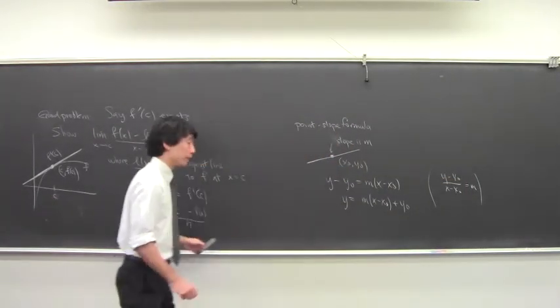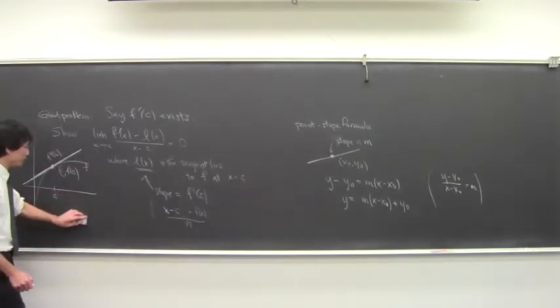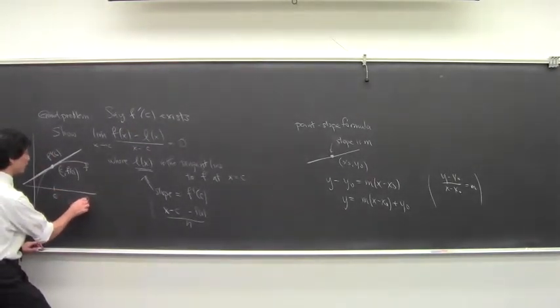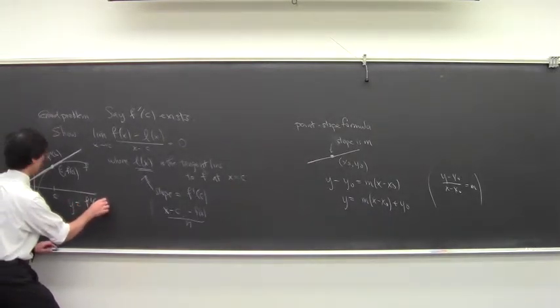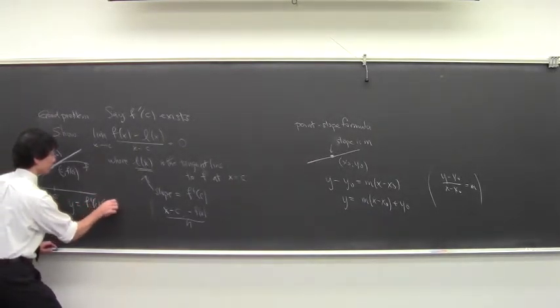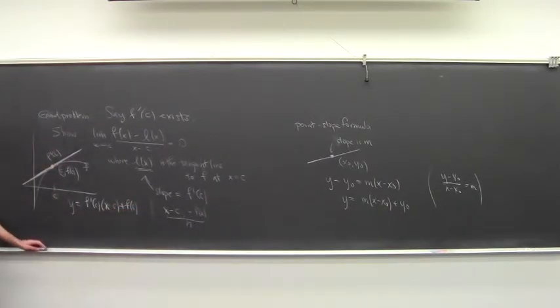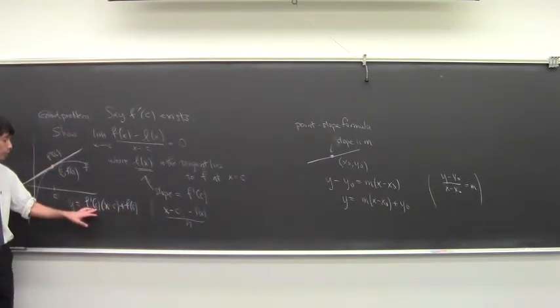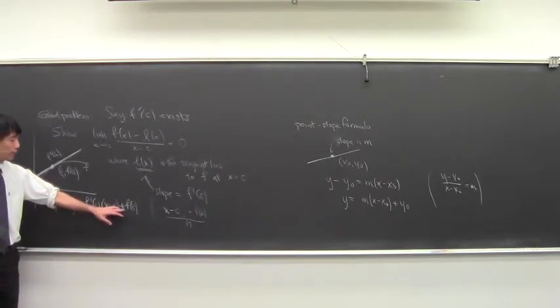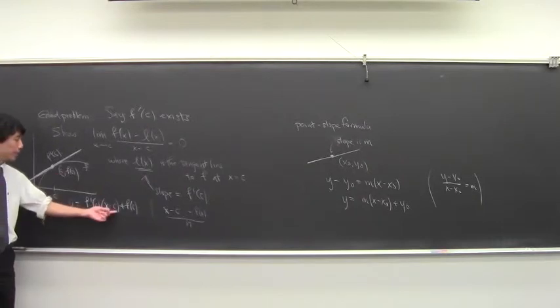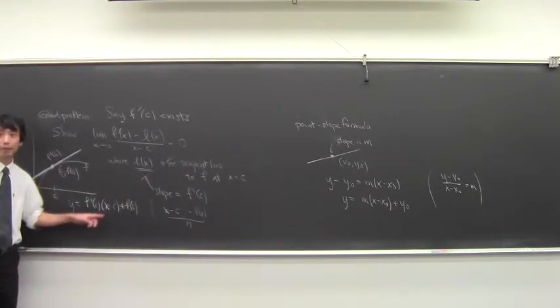So over here, what you're going to get is that y equals f prime c times x minus c plus f of c. The slope times x minus the x naught plus the y naught value.